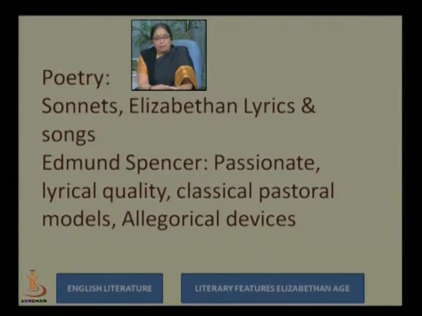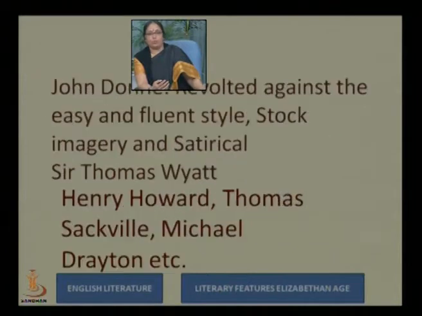Edmund Spenser's name needs to be mentioned here for his passionate writing, passionate poetry, the lyrical quality of his poetry, and also the classical pastoral models which were being rewritten during this period. Allegorical devices were also used.